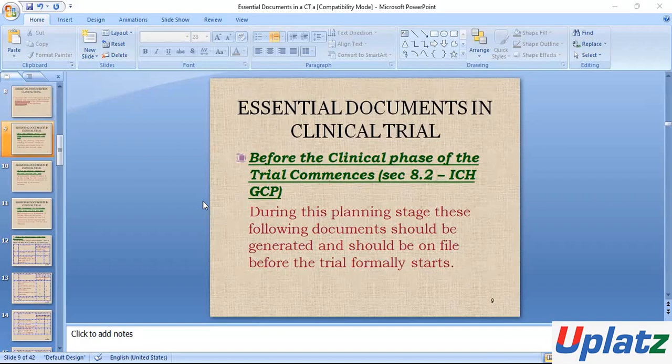Now, to assess the sponsor-investigator GCP requirements for essential documents, there is a recommended process. There are tools and templates that are also present. The first step is to categorize before, during, and after trial documents.